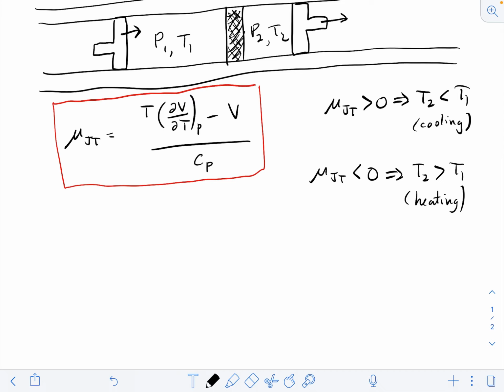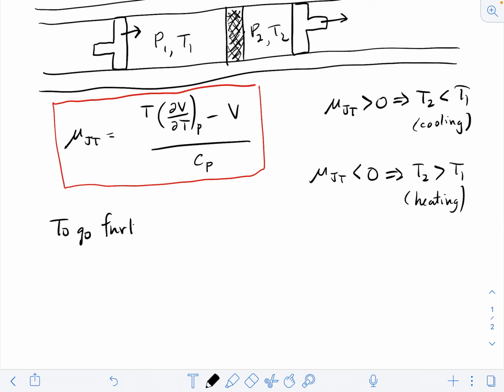And so what we need to do now is, if we wanted to, for example, evaluate the partial derivative in the numerator of the Joule-Thomson coefficient, we need to have a model for how our gas behaves.